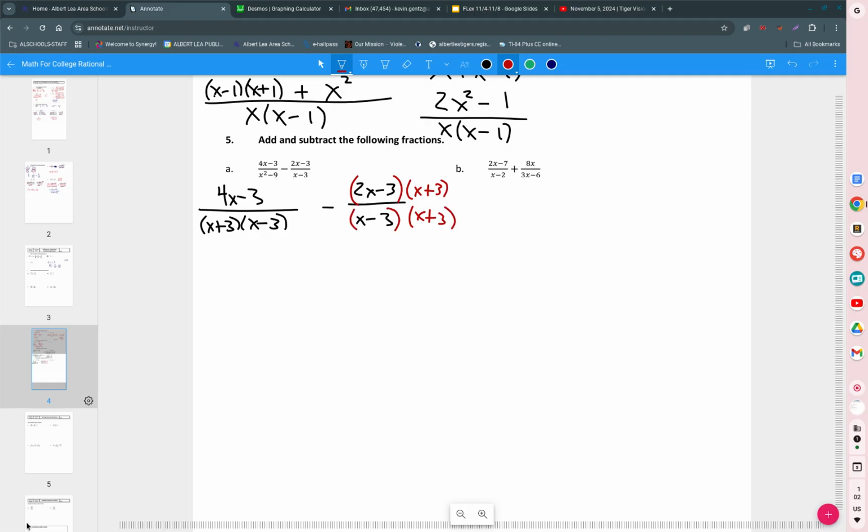So I don't need to do anything to the left side. I only need to deal with the right side. And so we have a 4x minus 3 minus the 2x minus 3 times the x plus 3 all over our new denominator, which is x minus 3 times x plus 3.